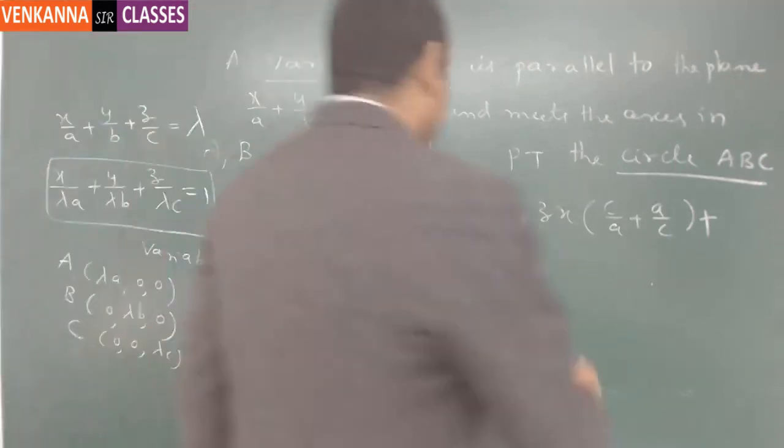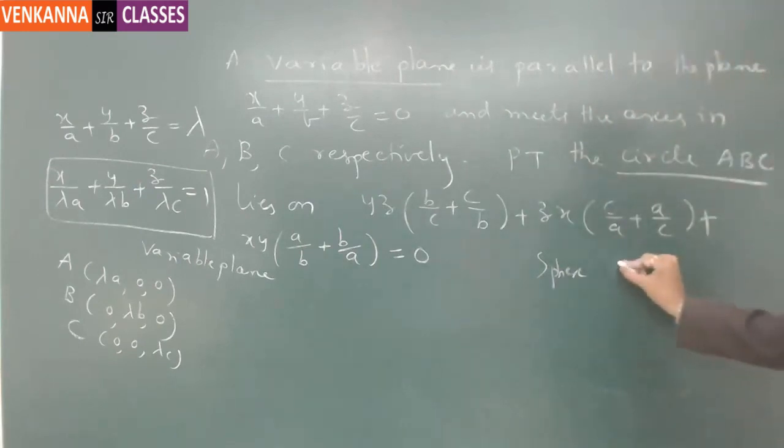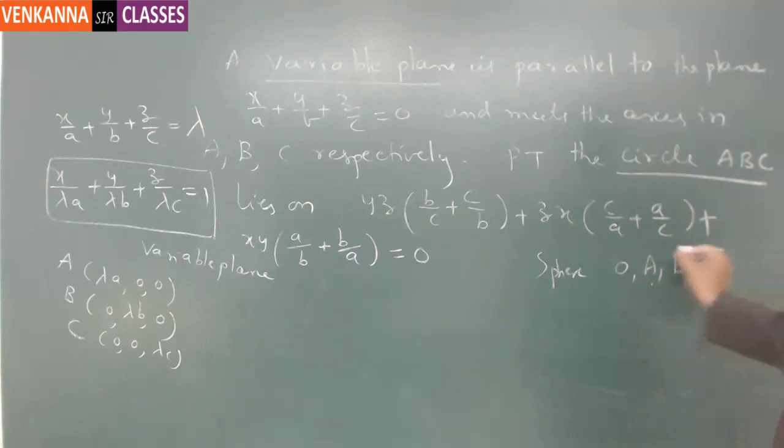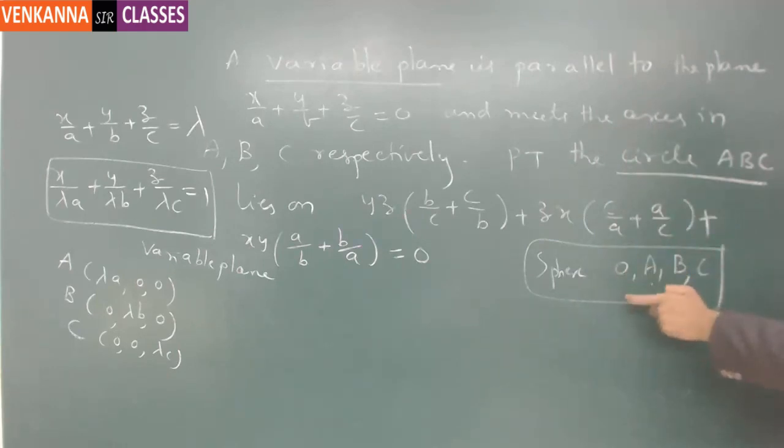So I will take the sphere equation passing through the 4 points origin, A, B, C. Since the fourth point is not specified in the problem, I am taking the fourth point as the origin here for computational convenience.